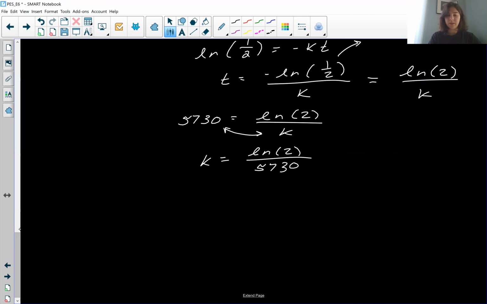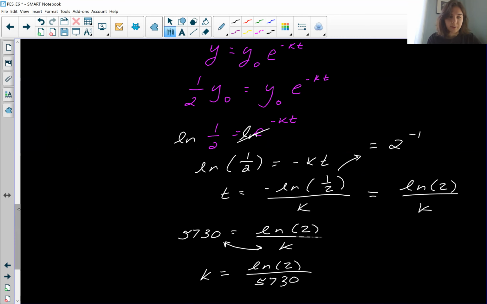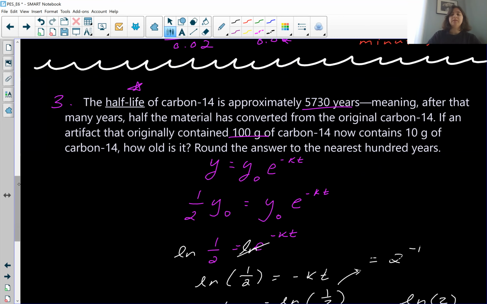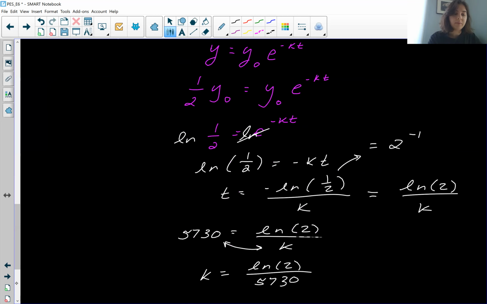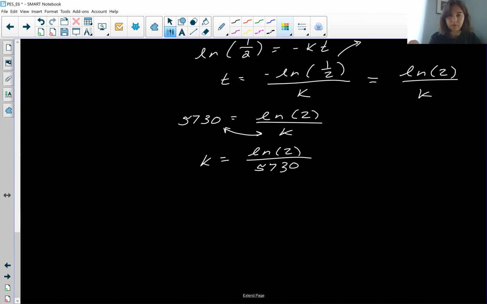And now we have everything we need to solve the actual problem. So let me go back up to that. We want to know if an artifact that originally contained 100 grams now contains 10 grams, how old is it? So we have everything we need for our function, which I can rewrite over here. We have y equals, our initial is 100 times e, we have our k, and remember our k is negative.